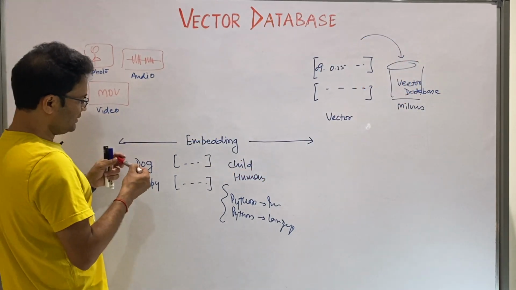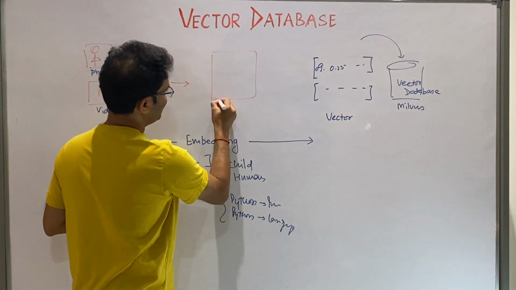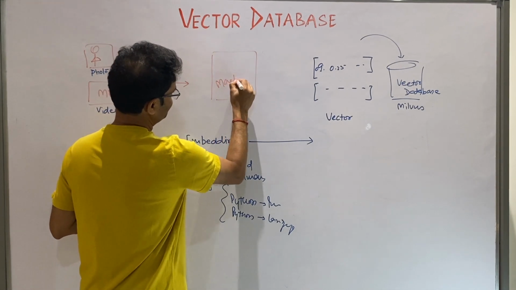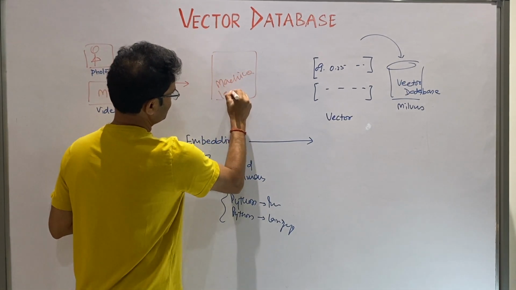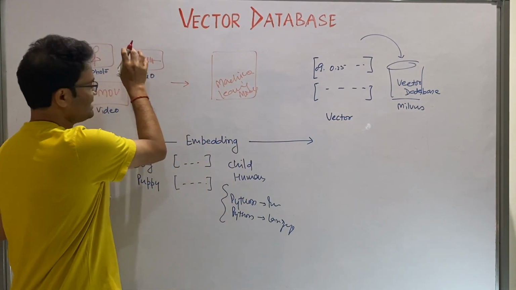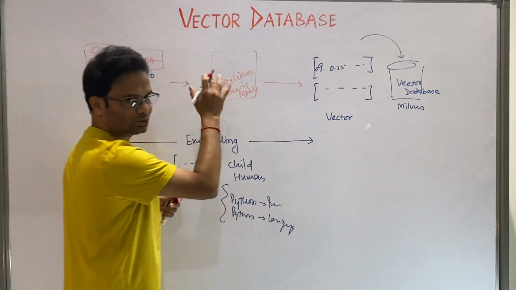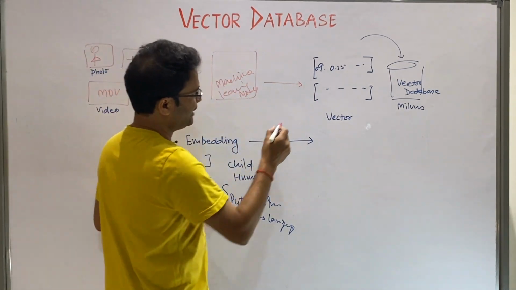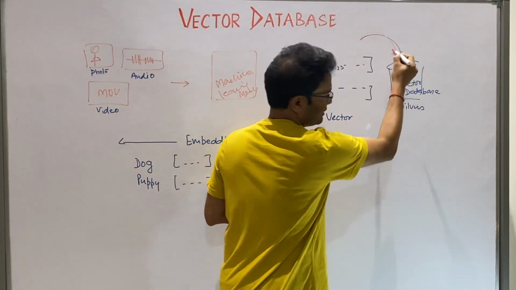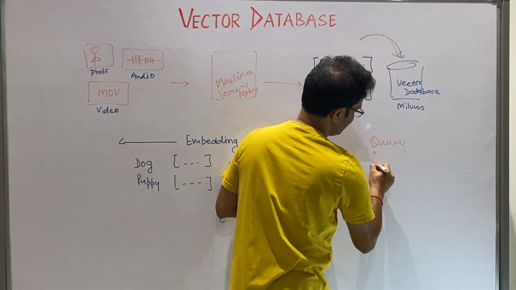What happens is that we use a machine learning model here, a deep learning or machine learning model. We pass the object into the model, it converts the objects into vectors, and then we can pass them into the vector database and query for search.